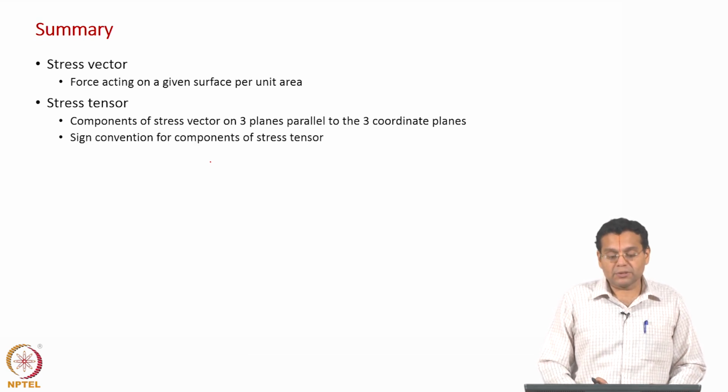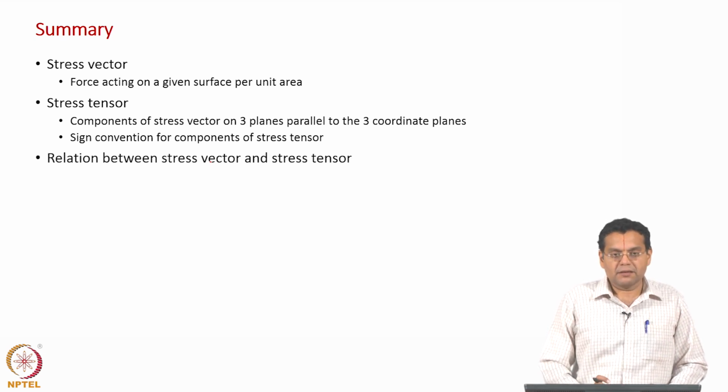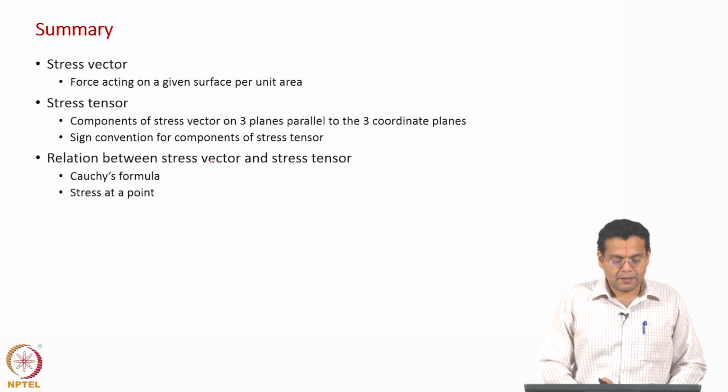We also discussed the sign convention for the components of the stress tensor, and then we related the stress vector to the stress tensor by Cauchy's formula, and hence discussed the state of stress as stress at a point.